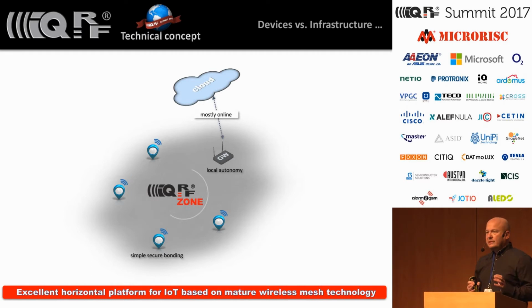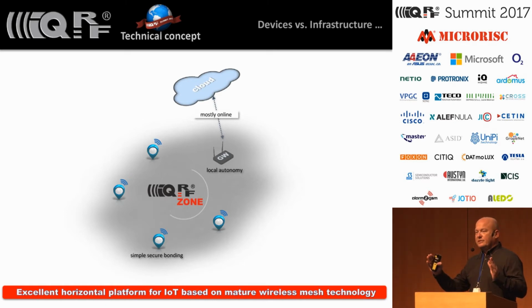Because local autonomy is something that will be a must in the future, because not all data should be going immediately to the cloud. You will need some services to be run locally.